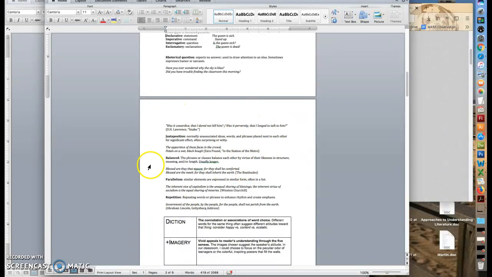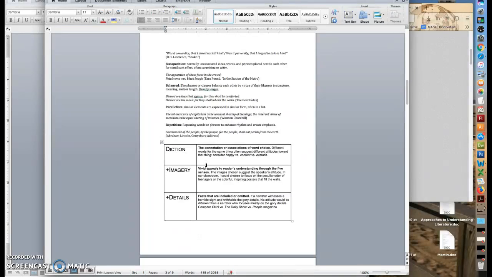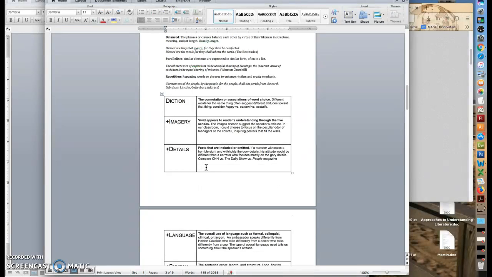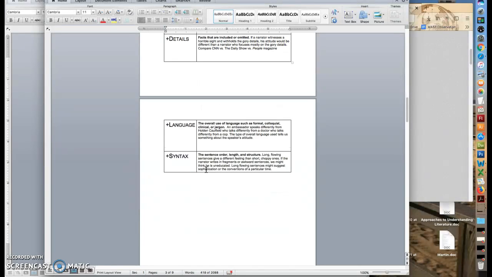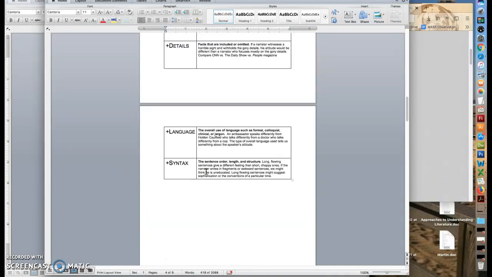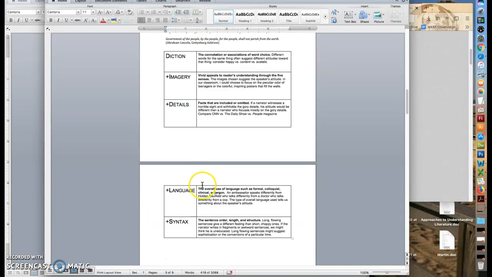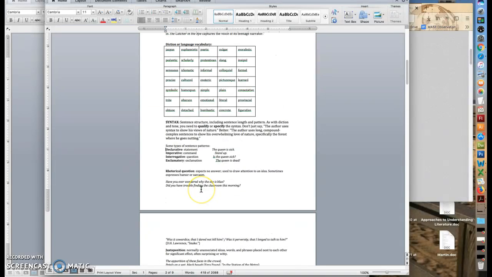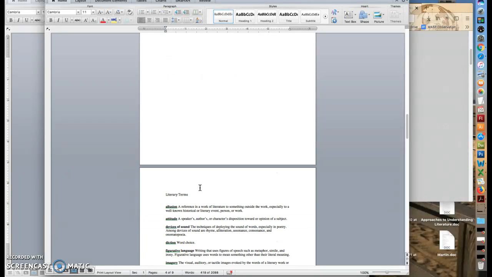I provided some more words here that will help you understand tone a little bit better. Diction, imagery, details, and language and syntax all relate to tone. A tone can be sarcastic, a tone can be heartfelt, a tone can be cultured.